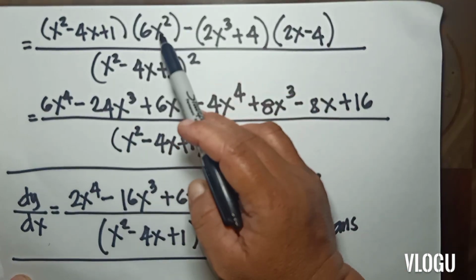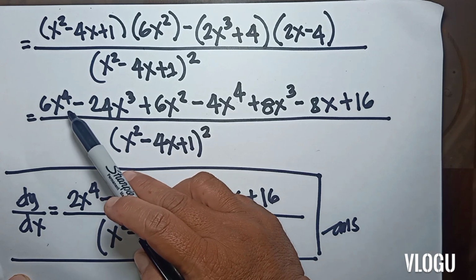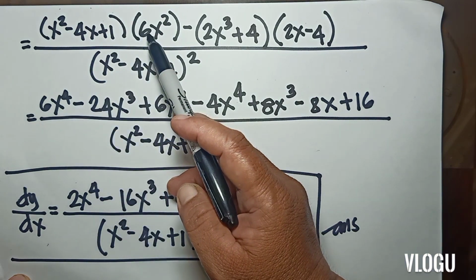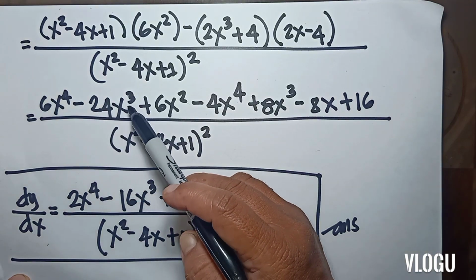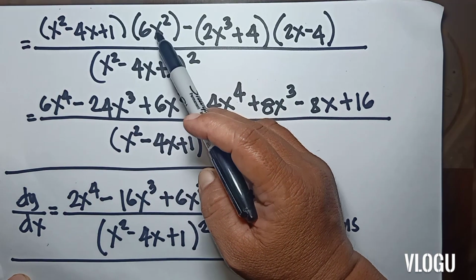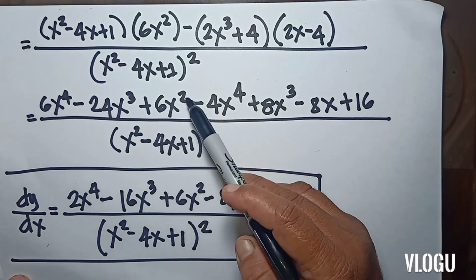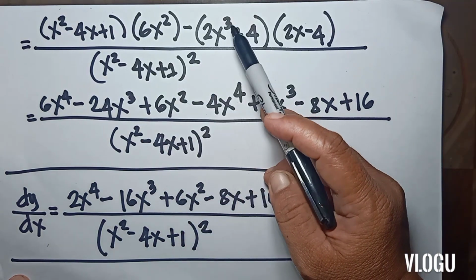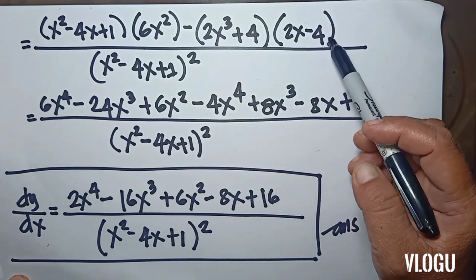So you will have 6x squared times x squared, so you will have 6x to the fourth. Then we have 6 times negative 4, we have negative 24x cubed. Then we have 6x squared times 1, we have 6x squared. Then multiply 2x cubed plus 4 times 2x minus 4.